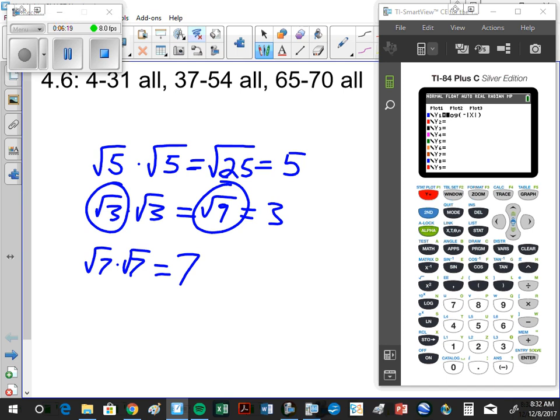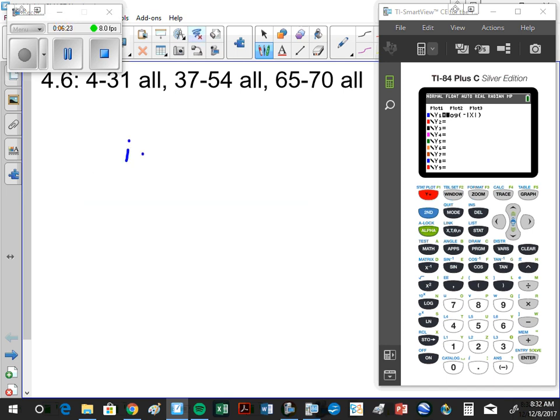Okay. Well, what if I had i times i? What's the answer going to be? i squared. But what is i? It's the square root of -1. So I'm asking, what is the square root of -1 times the square root of -1?